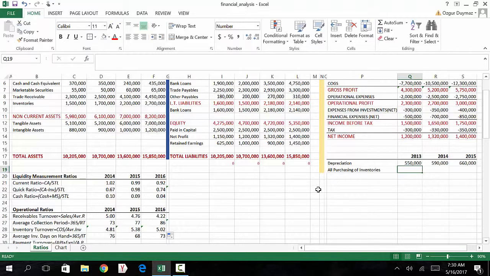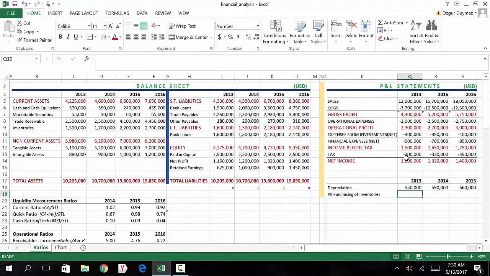First of all, I should use cost of goods sold minus beginning inventory plus ending inventory, of course. Do not forget to consider depreciation.